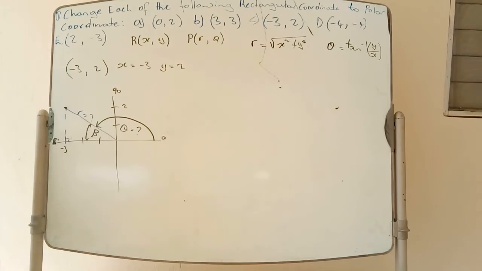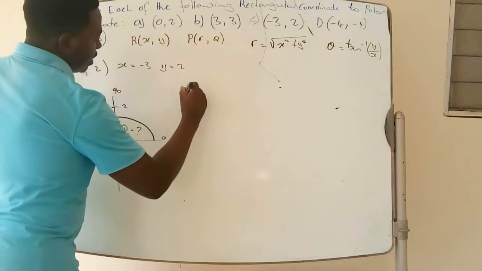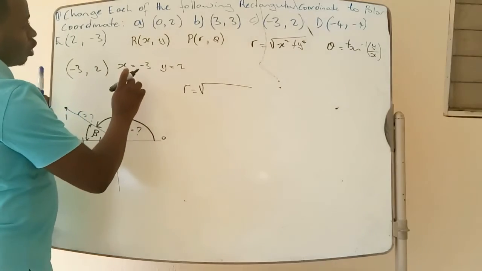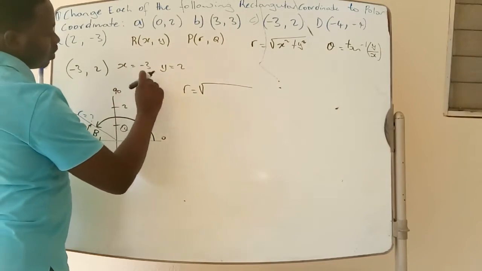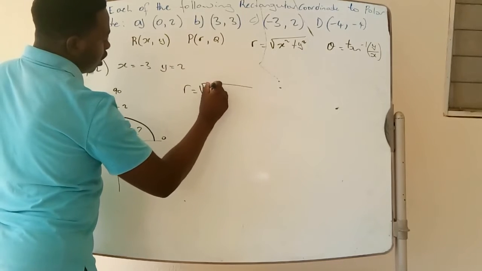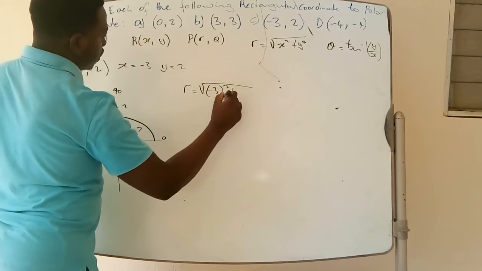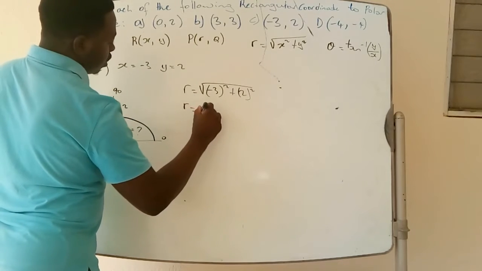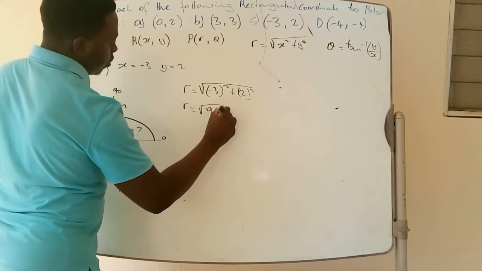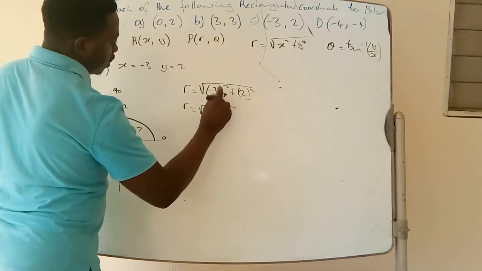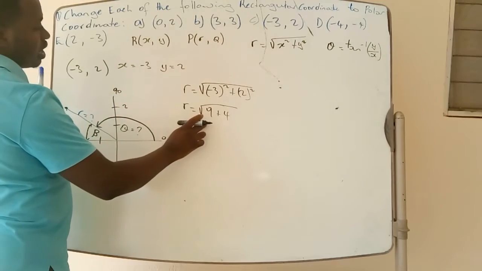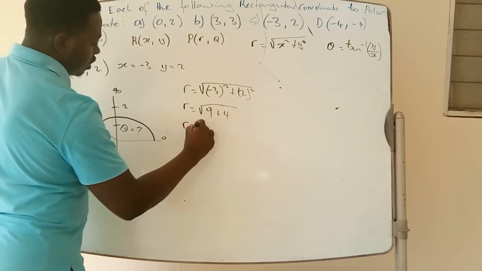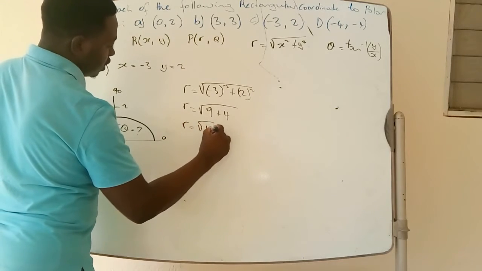Now, can we determine what r is? Yes. So we know that r is going to equal to the square root of x squared. But what is x here? X is minus 3, so that's going to be minus 3 all squared plus 2 all squared. So r is equal to 9 plus 4, because negative 3 squared, that's just 9. 2 squared, that's just 4. So r here is equal to the root of 13. Right?